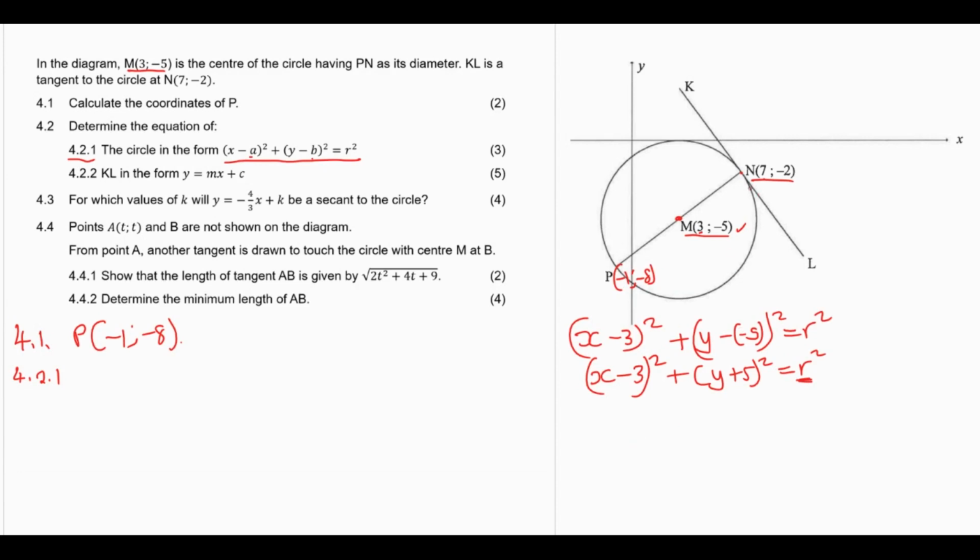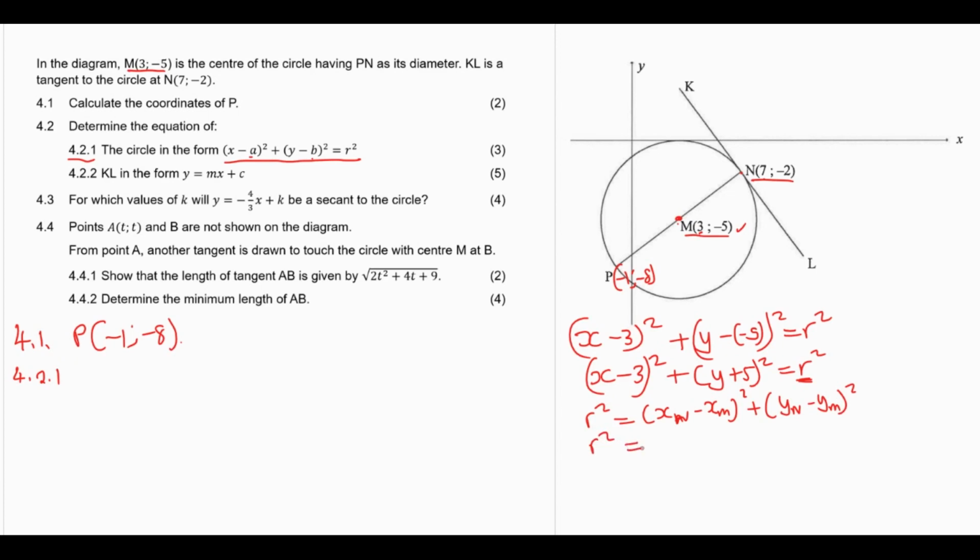So we can use the distance formula. The radius here is MN, so we can find the distance MN. MN is the radius, so radius squared is equal to (x at N minus x at M) squared plus (y at N minus y at M) squared.